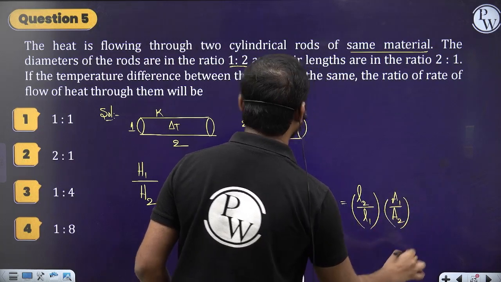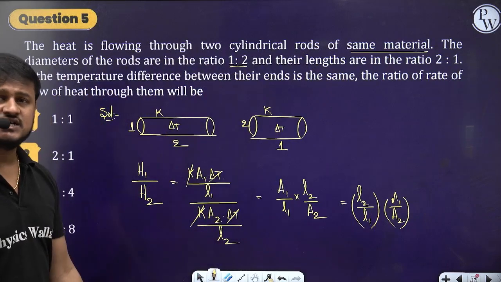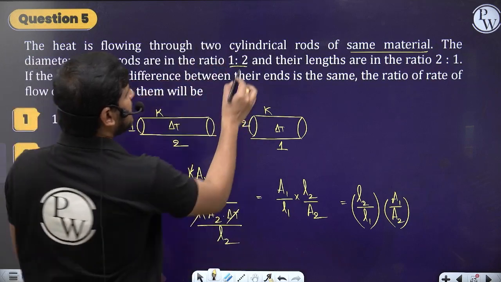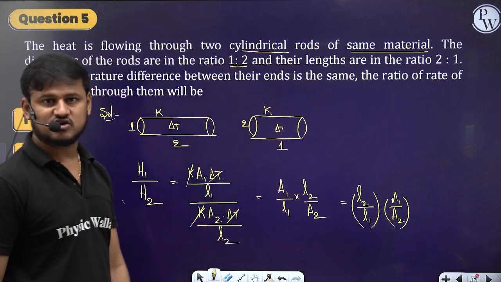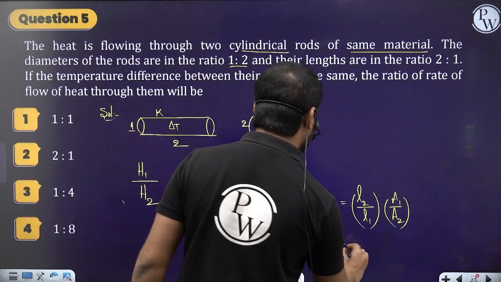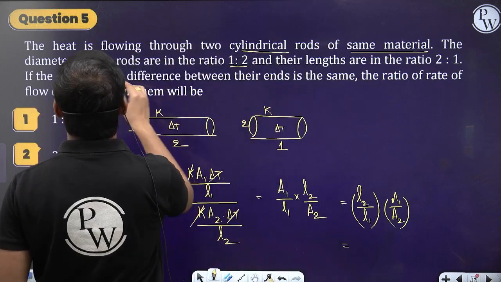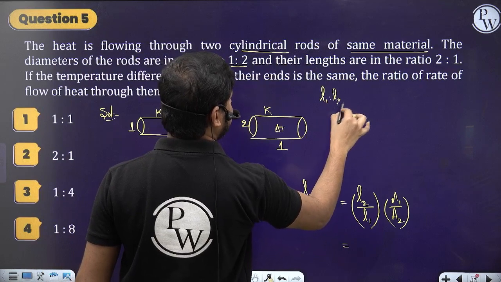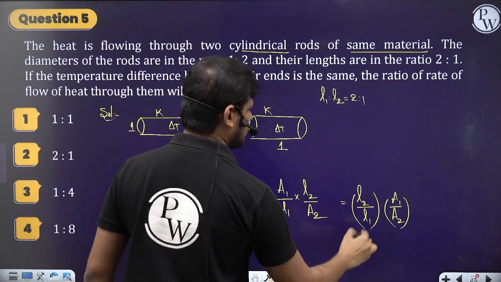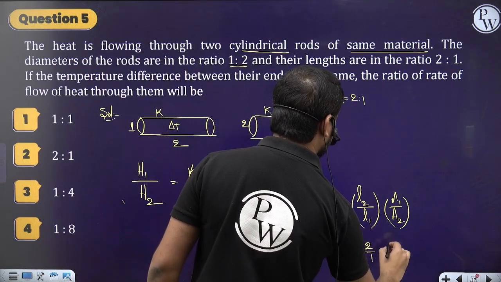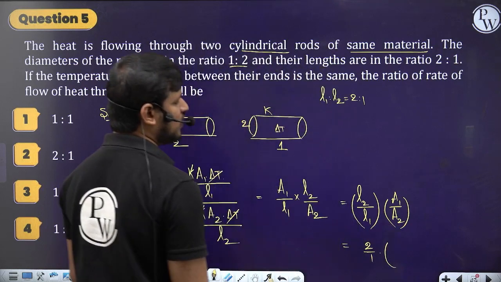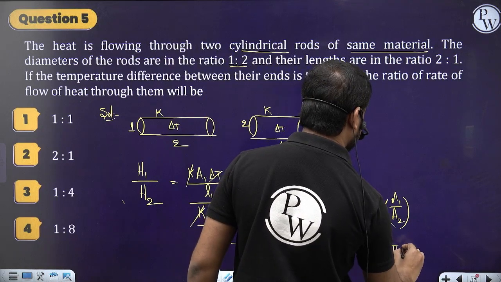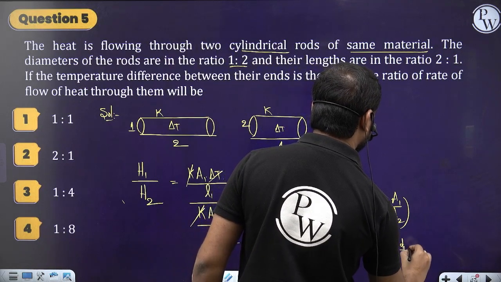Chalo. The cross sectional area for the cylindrical rods can be considered as a circular cross sectional area. What is their length ratio? L1 is to L2 is given as 2:1, so I can write 2 by 1 here. And in terms of diameters, for the first one pi r1 square, where r1 is d1 by 2, whole square.